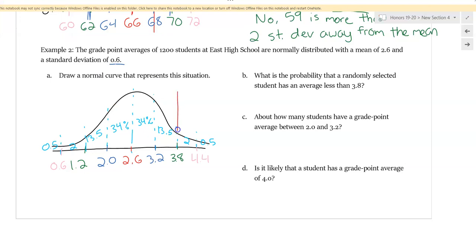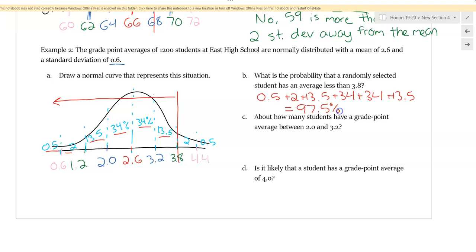So here's 3.8, and I'm going to go less than it. So if I'm adding everything less than it, it's all of these things. And when we add all of those up, we get 97.5%. Okay.